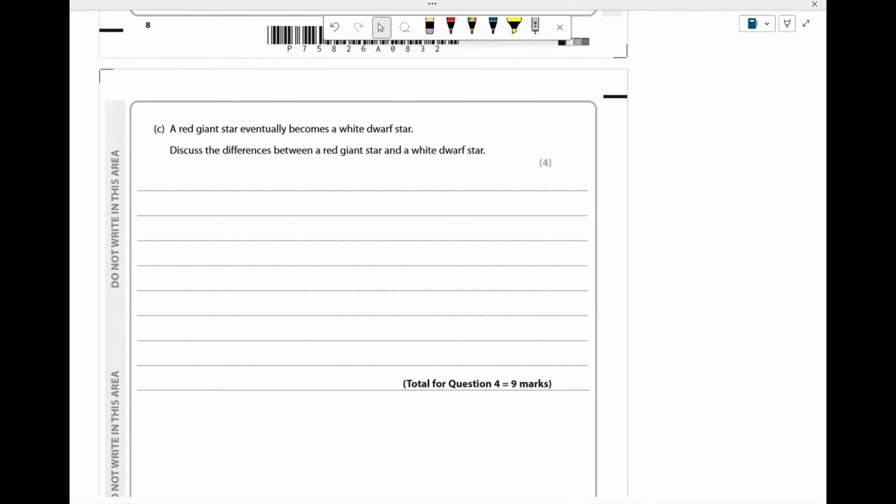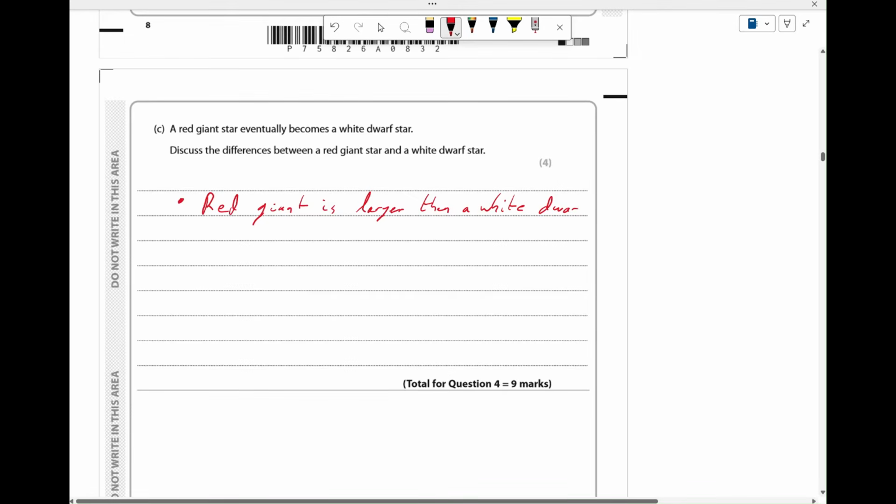What are the differences? Okay, so a few things to say here. A red giant is larger than a white dwarf. Okay, the clue's in the name, but it's still worth saying. Red giant, much larger. Okay, it's also red. What does that mean?